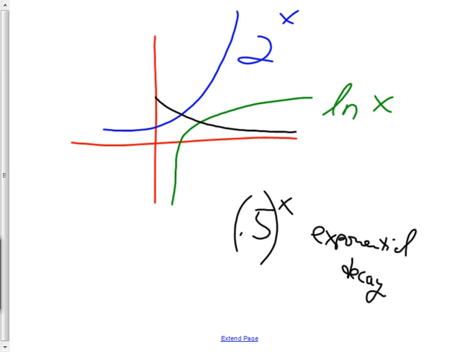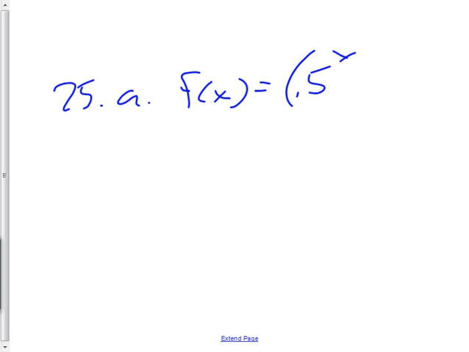Because that number's less than 1. All right, so there's my 3 kinds of graphs that you kind of have to know for this. And for A, I've already sketched for you what the original graph would be. But when they do this, they say if f of x is 0.5, this is 25a, if f of x equals 0.5 to the x, then what would this look like?